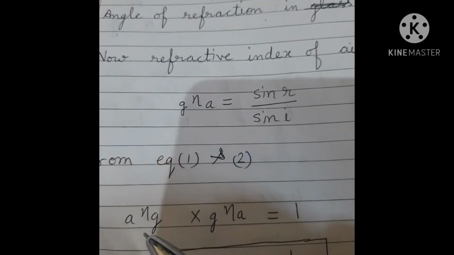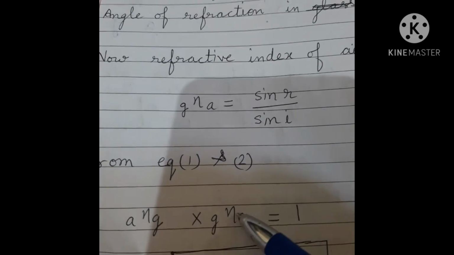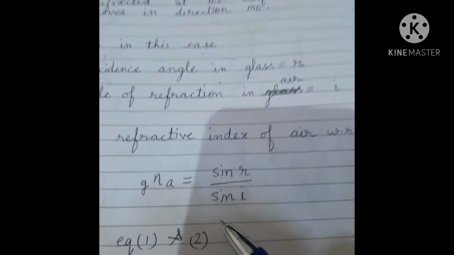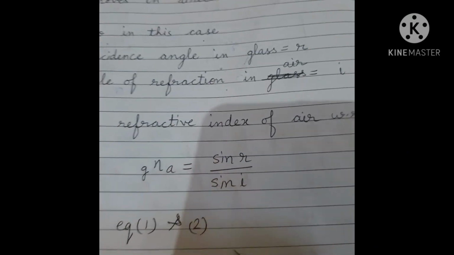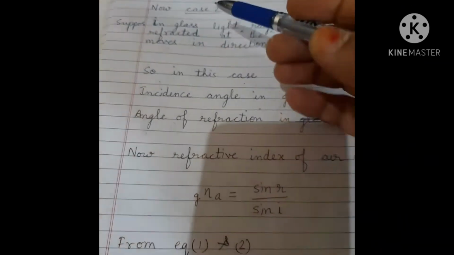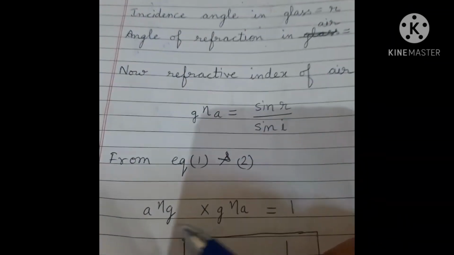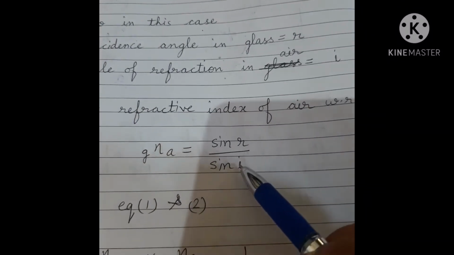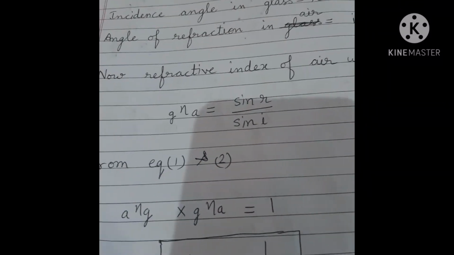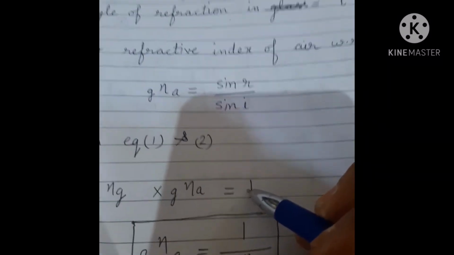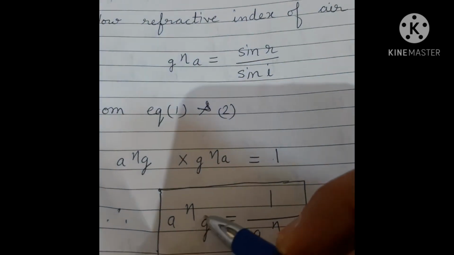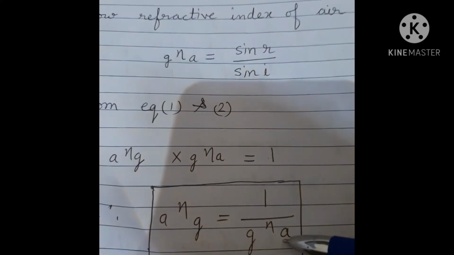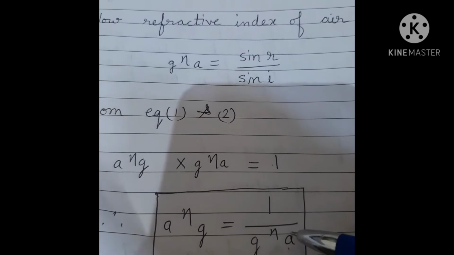When you multiply the LHS, you get aNg into gNa, and the RHS is sin I upon sin R times sin R upon sin I. Sin I cancels, sin R cancels, so you get 1. So aNg is equal to 1 upon gNa.